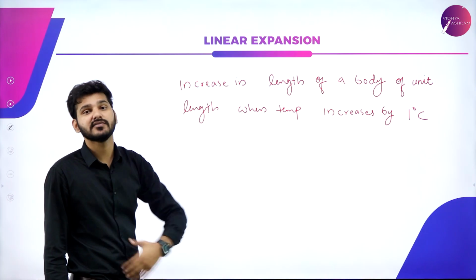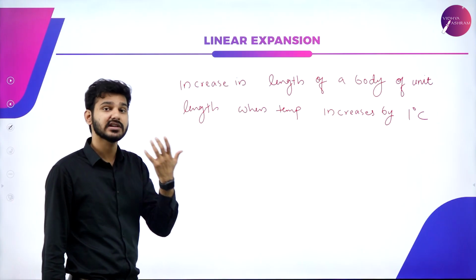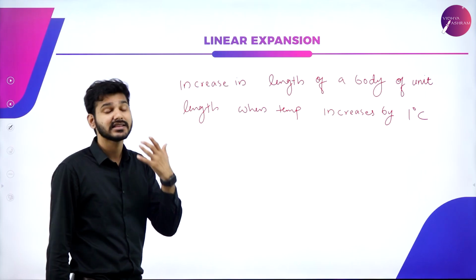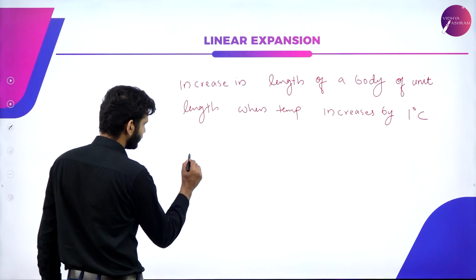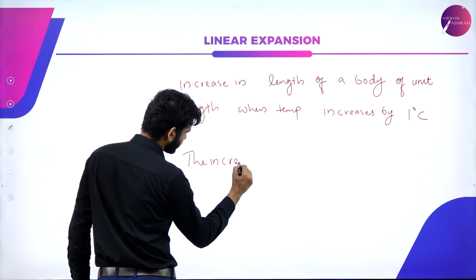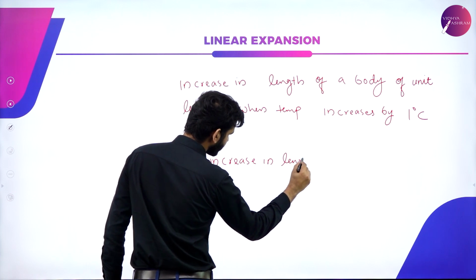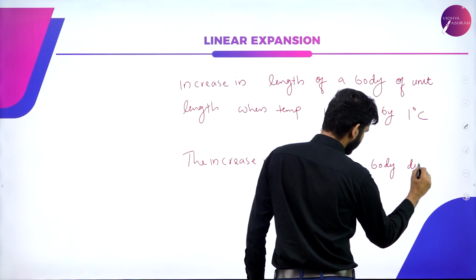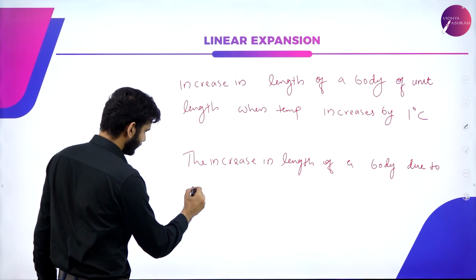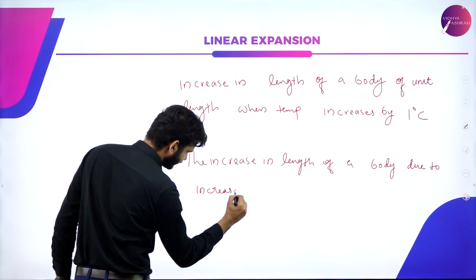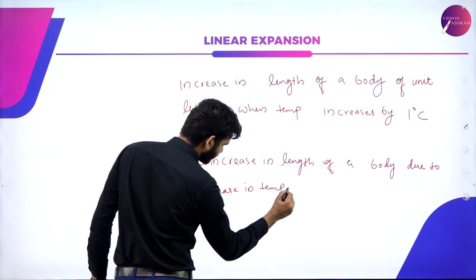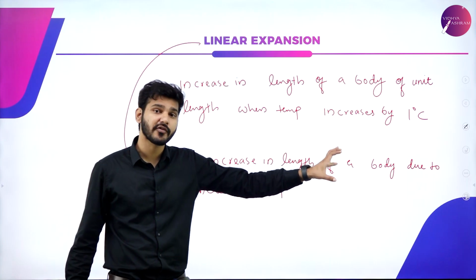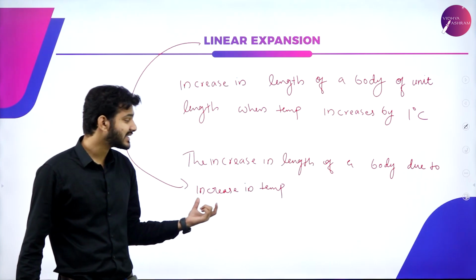And for linear expansion, we can say that if temperature is increased, the increase in temperature causes an increase in length. That is known as linear expansion, the increase in length of a body due to the increase in temperature.